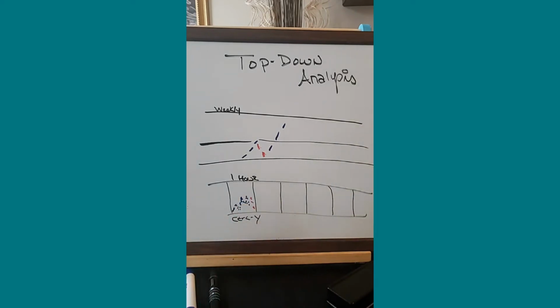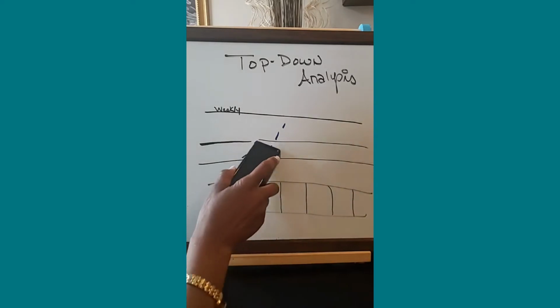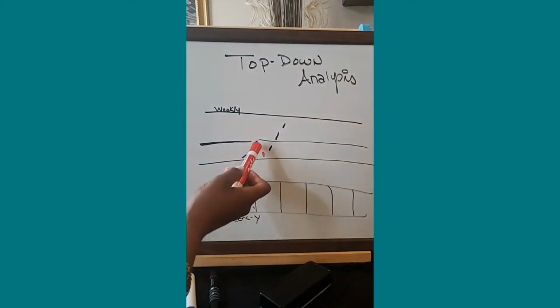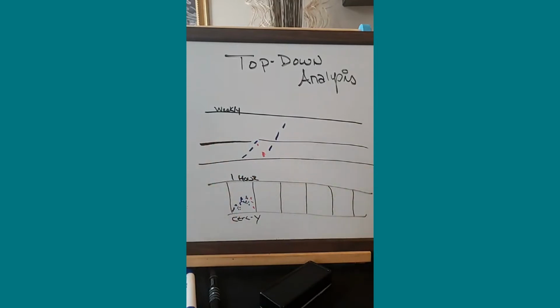If I see at the beginning of the week a little bit of a candle forming on that weekly, I need to take advantage of that. I need to go back down to a lower time frame, probably my 15-minute or my 5-minute.